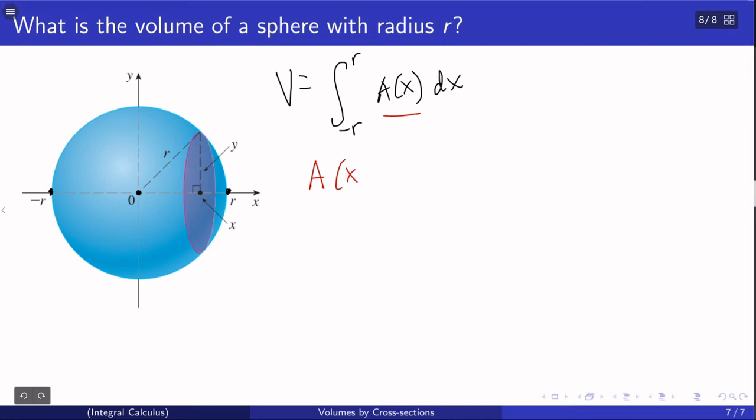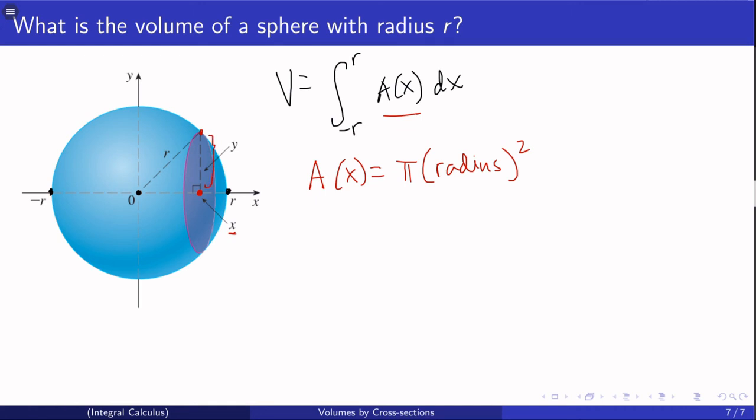Now, I know that the cross-section is a circle. We've talked about this. So the area function with respect to x is just pi times the radius squared. But what is the radius? If you look at this particular cross-section in the image, if this is the x-coordinate, the radius is given by this height.